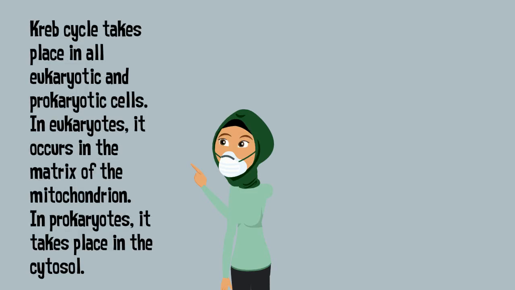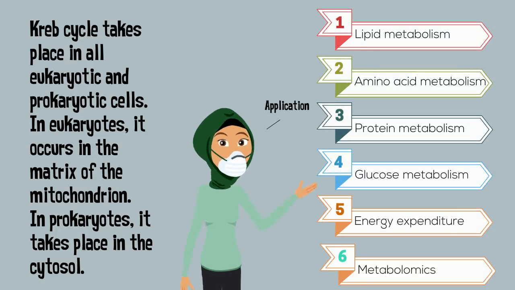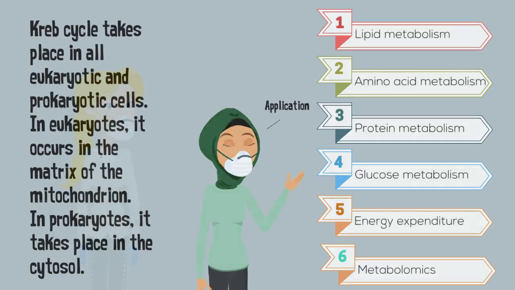In eukaryotes, it occurs in the matrix of the mitochondrion, while in prokaryotes, it takes place in the cytosol. The applications of the Krebs cycle are lipid metabolism, amino acid metabolism, protein metabolism, glucose metabolism, energy expenditure, and also metabolomics.